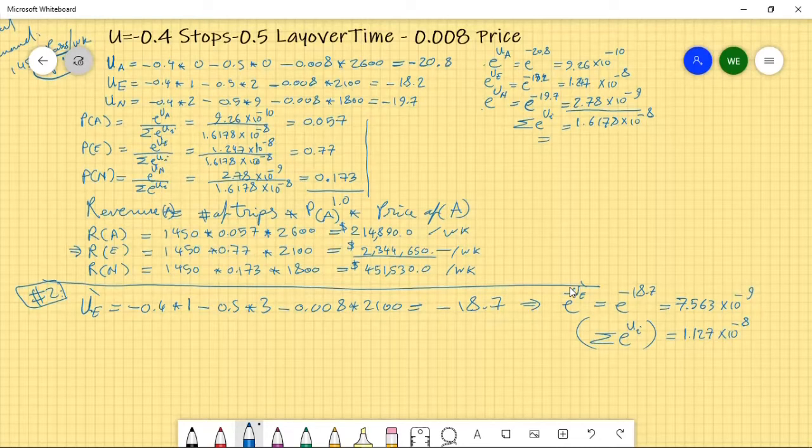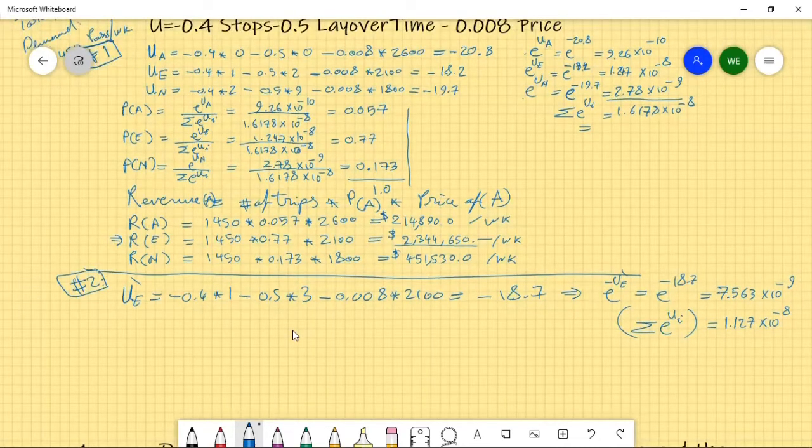Can someone check with me, please? Then we need to determine the percentage of users for the Eastern, the new percentage. It will be 7.563 multiply 10 to the power minus 9 divided by 1.127.